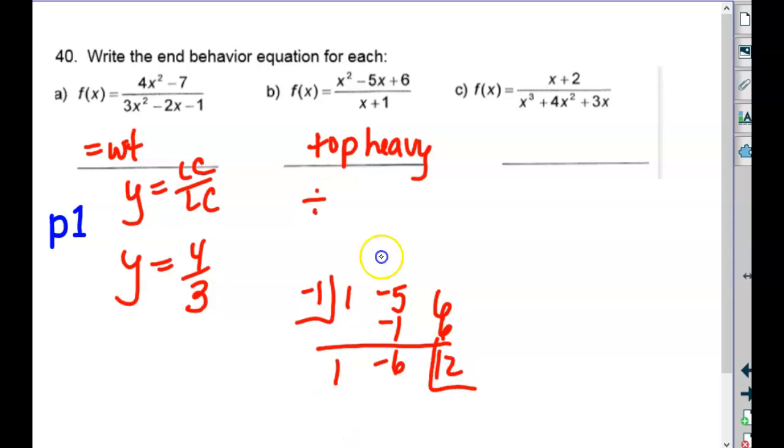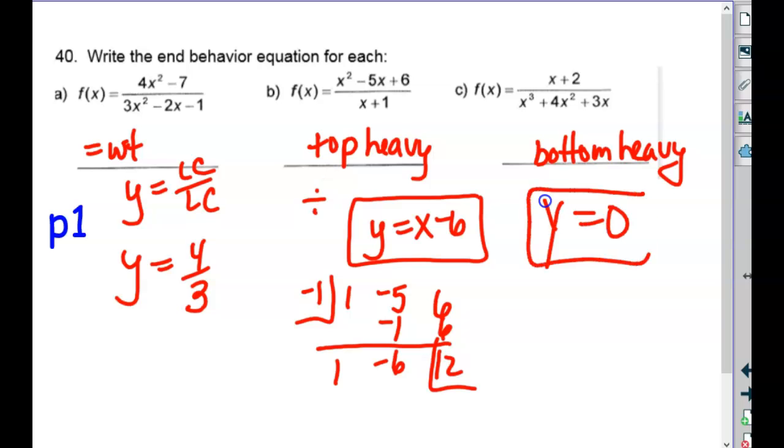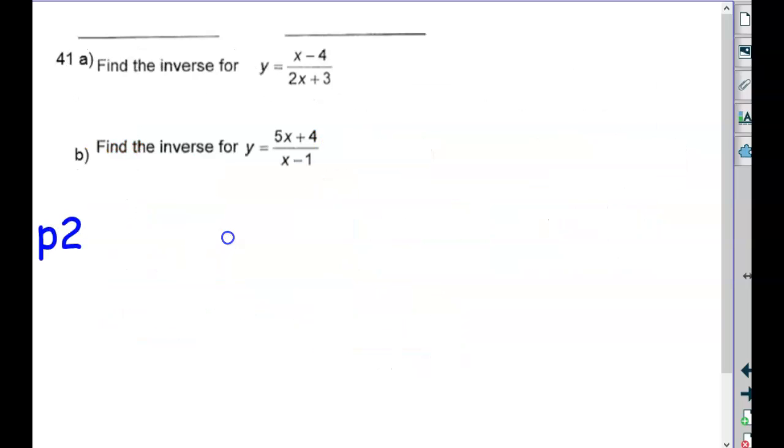Ignore the remainder, and you'd end up with y equals x minus 6. This one is bottom heavy. So you get y equals 0 as the end behavior. That was a good review.